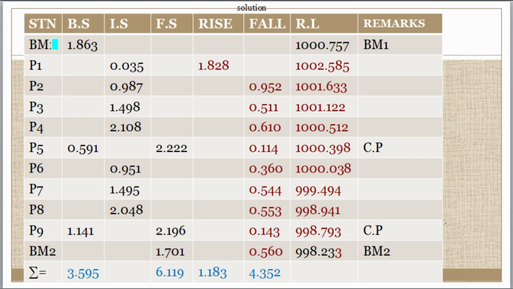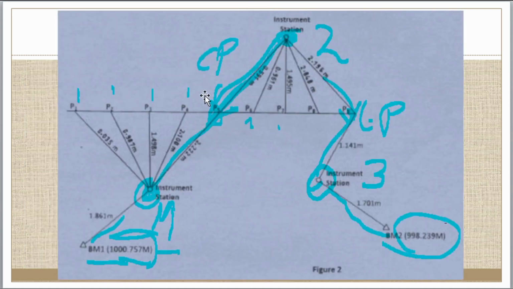At the BM, the first benchmark, we had the staff reading there. So this was the first staff reading. We had 4 intermediate readings. Then we had our last reading on that instrument position 1.